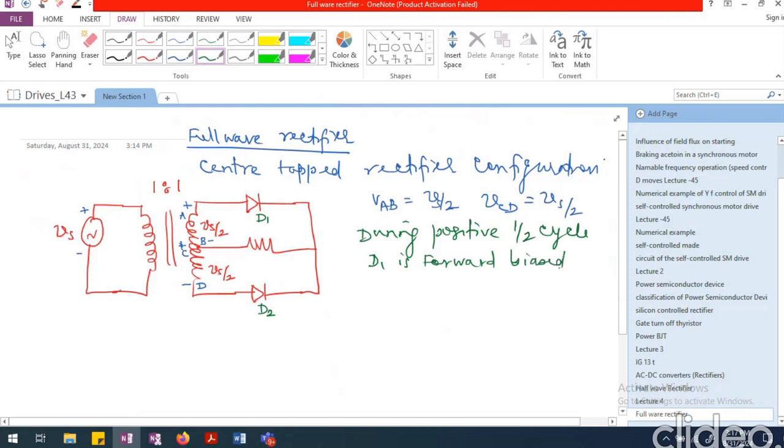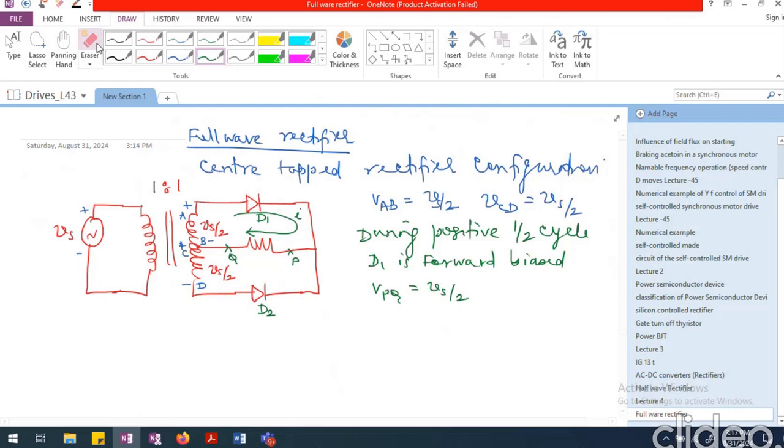When that is conducting, the current flows like this. If I call the load terminals P and Q, VPQ is going to be the same as Vs by 2, assuming the diode drop is negligible.